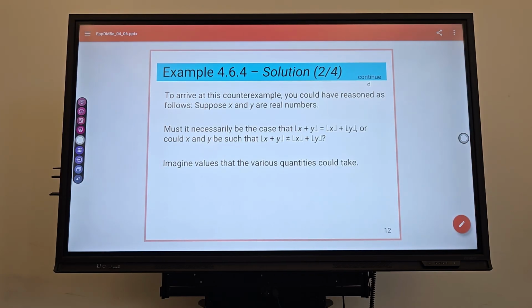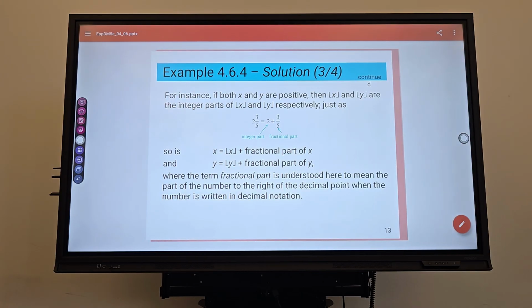To arrive at this counterexample, you could have reasoned as follows. Suppose x and y are real numbers. Must it necessarily be the case that the equation is true, or could x and y be such that the floor of x plus y is not equal to the floor of x plus the floor of y? Imagine values that the various quantities could take.